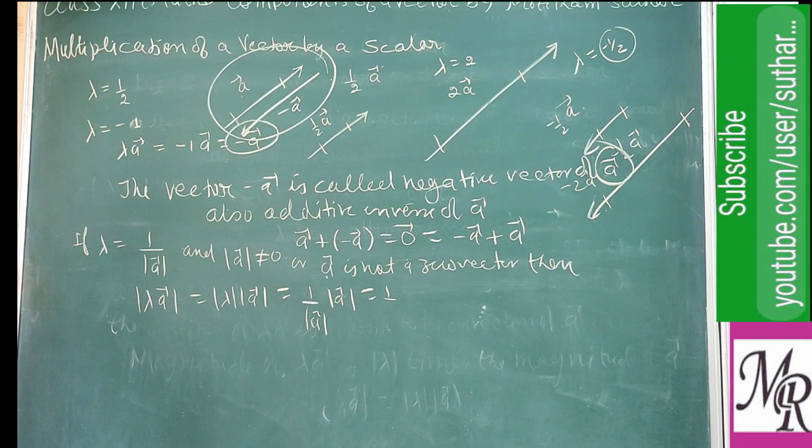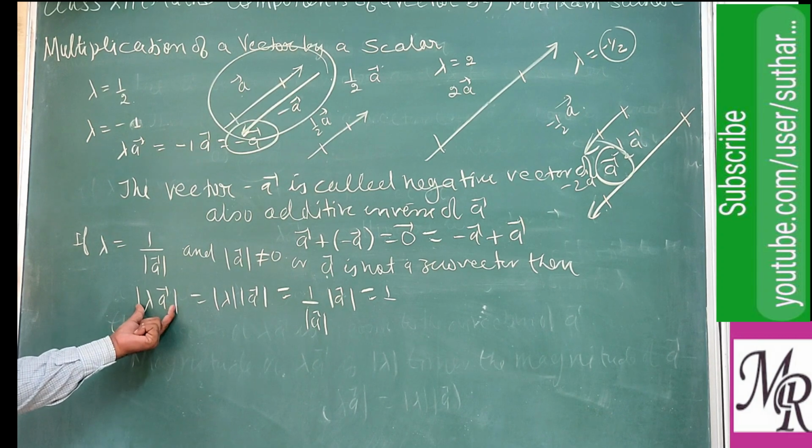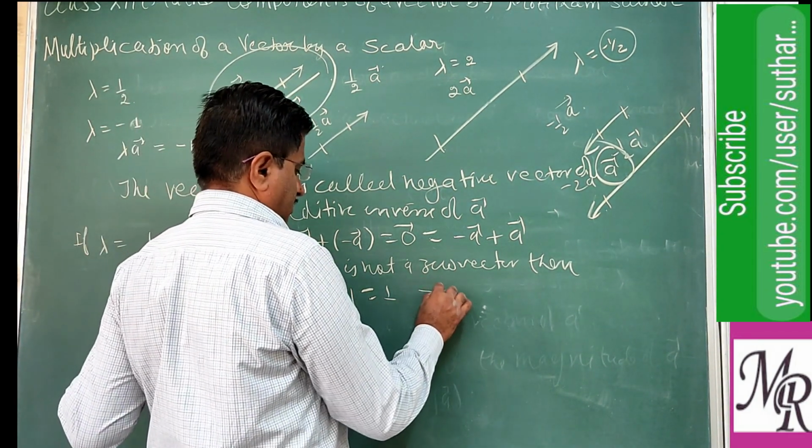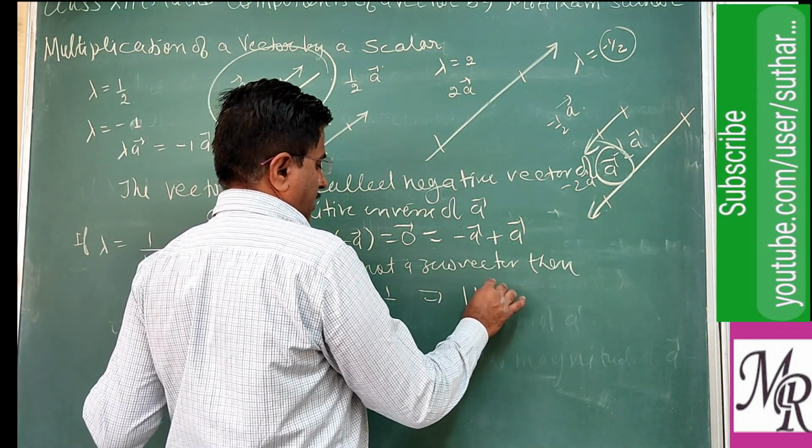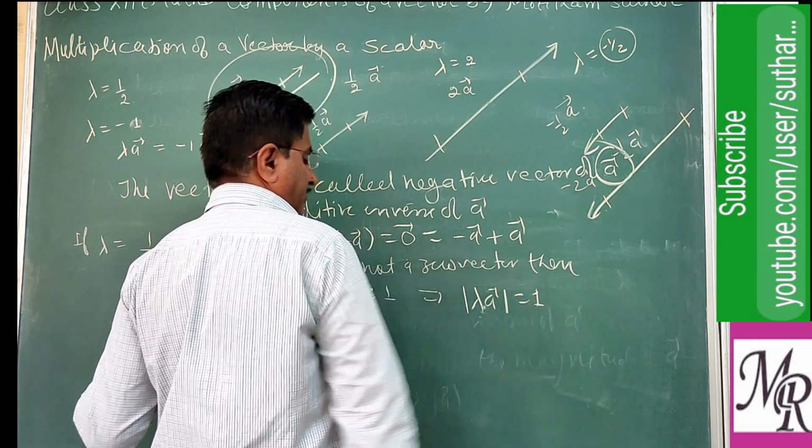So in this way we can find that the modulus of lambda into vector A equal to 1.